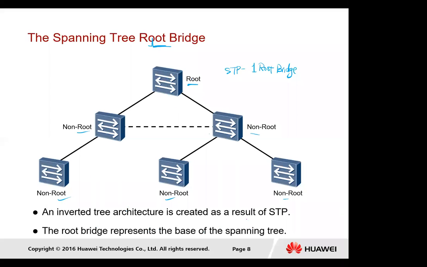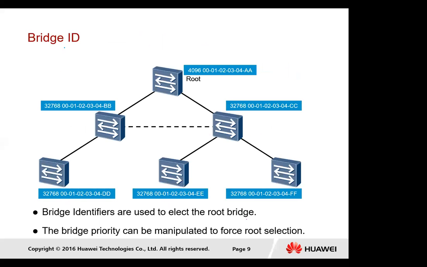So based on the root bridge, that is how they're going to select. They need to do some sort of negotiation to define who the root bridge is. How to elect and negotiate is based on the bridge ID. They use the bridge ID to identify who becomes the root in my spanning tree. Okay, the bridge ID has 2 portions.